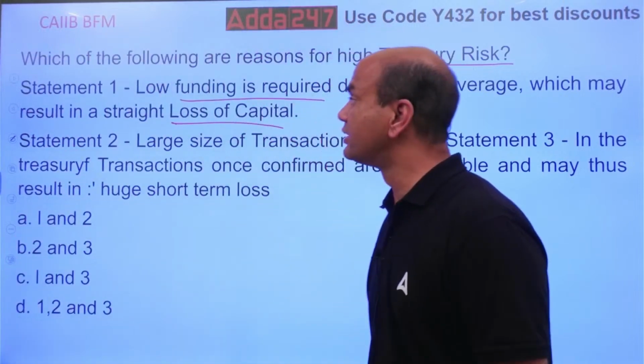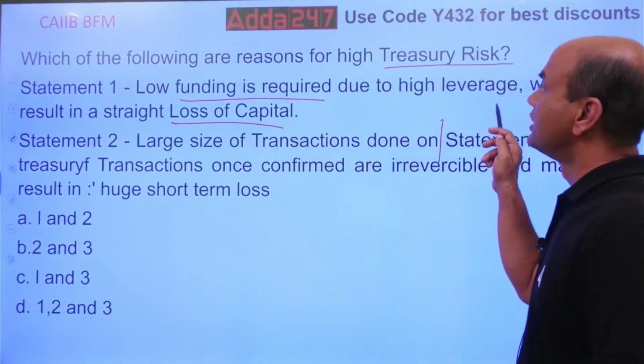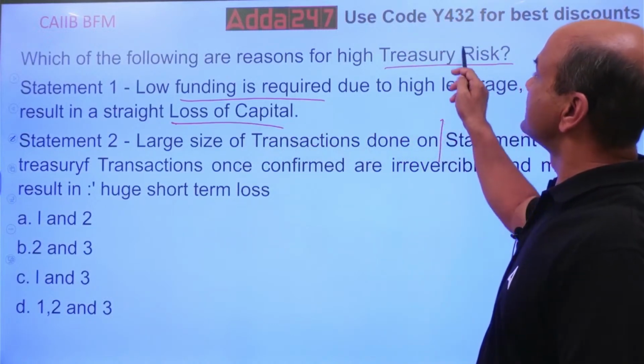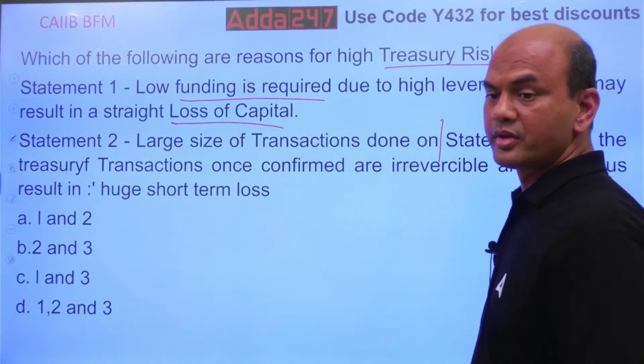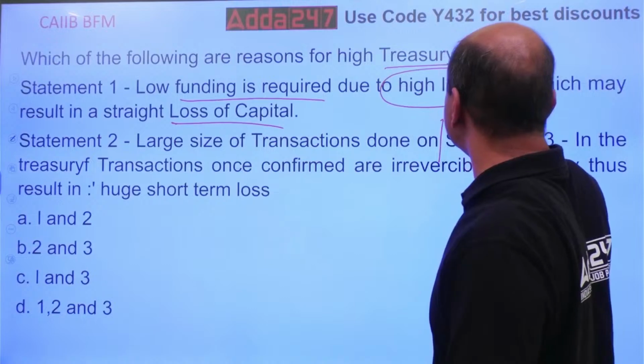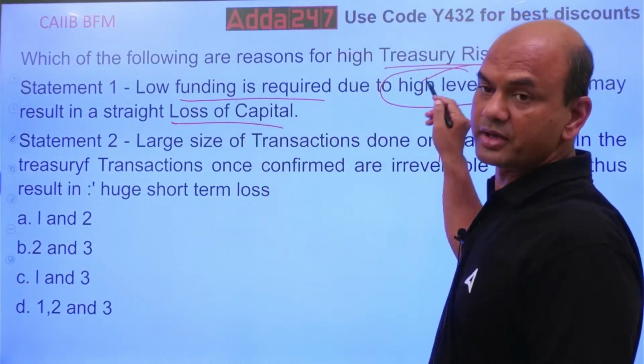Think over it. Low funding is required due to high leverage. So, leverage is high. Is there a huge risk over here? It may result in loss of capital. As the leverage is high, this term is an advantage, but this term is a problem, leverage.